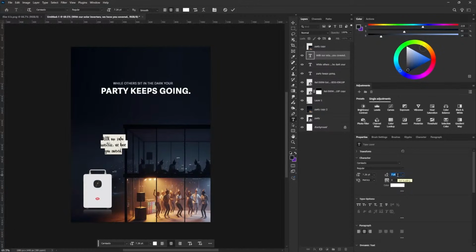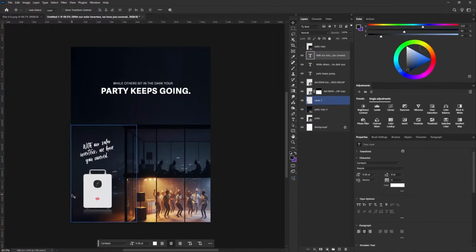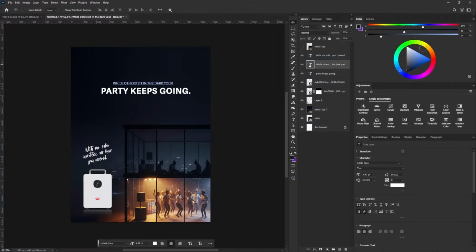So the idea behind the title "party keeps going" is to make viewers ask, okay, so why is the party going? And this will make them go and check the next information in the project. That's why you need to create projects that pose questions to the viewers.